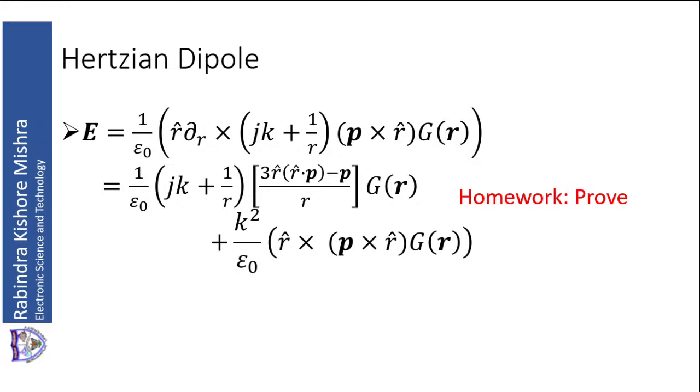This I will leave as a homework for you to prove. And if you cannot do this as homework, then we will see. But this I leave as homework for you.